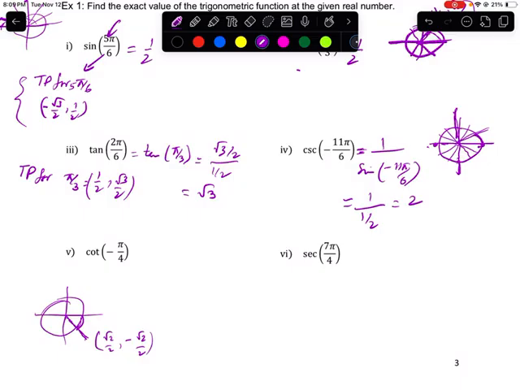Cosine will be the x value, and the sine will be the y value. So it's x over y, so it will be negative 1.